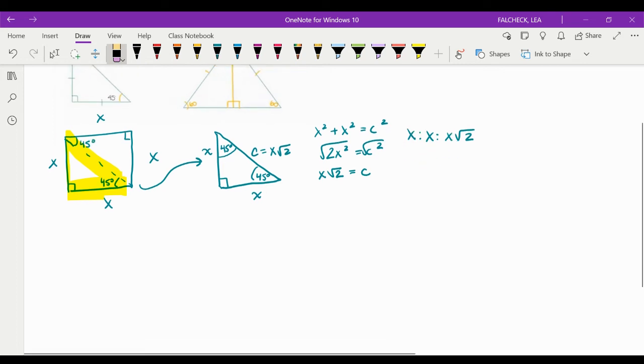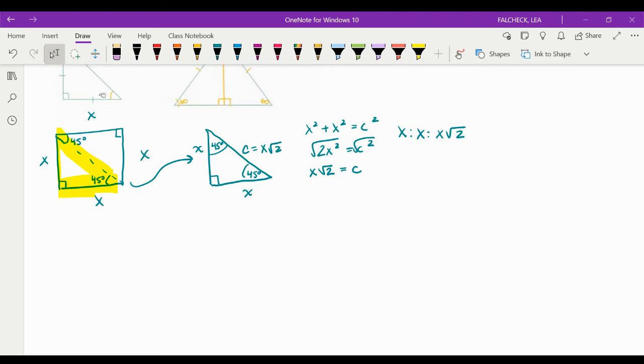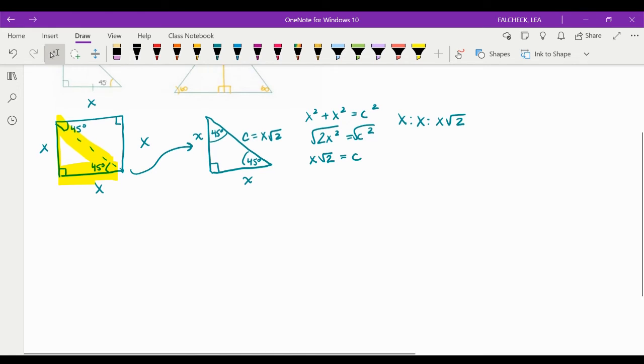What if I told you that c equals 1? Well, I could certainly solve for x. It wouldn't be hard. I know that this equals c, so I could just set x square root of 2 equal to 1, and solve for x.